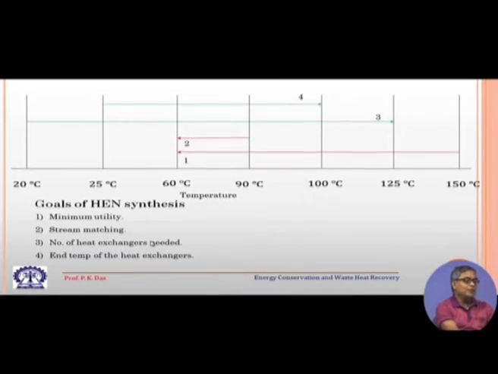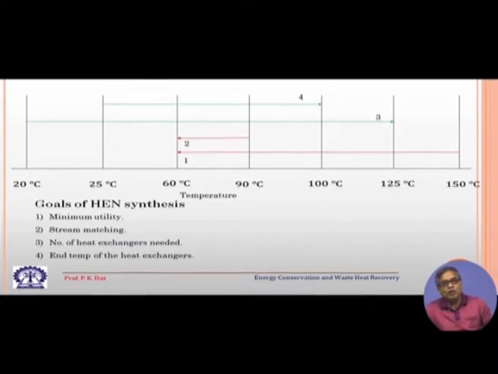Then we have to see which stream should be matched with which other stream, because that will give us the total heat exchanger network. So, that also we have to find out, that for getting the minimum utility, what kind of stream matching we should go for, and then the number of heat exchangers needed. So, that also we should get from the heat exchanger network synthesis, and the end temperatures of the heat exchangers.